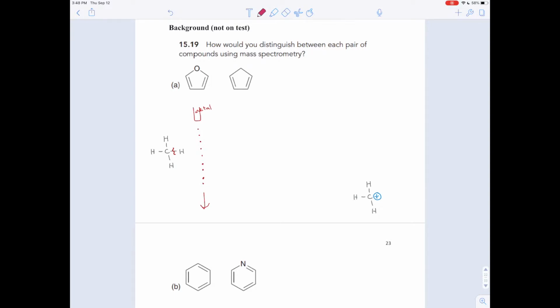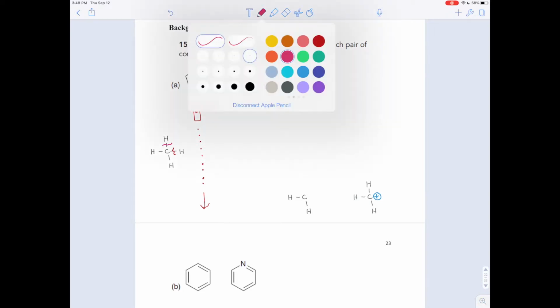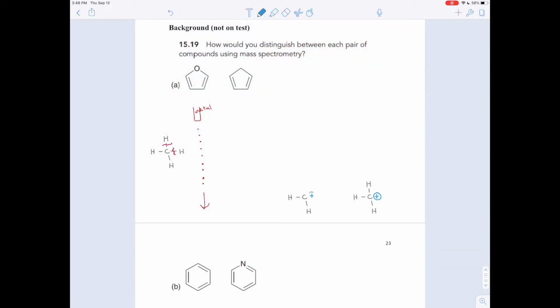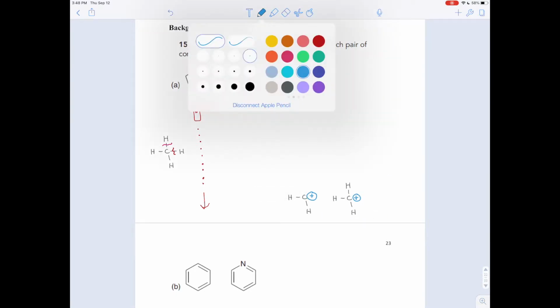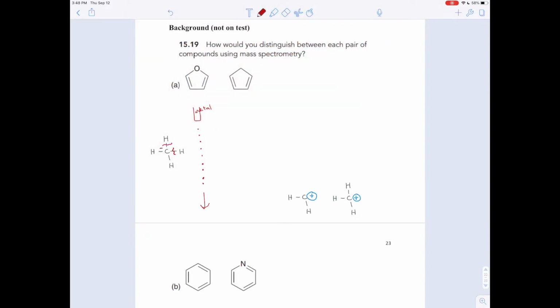A molecule could be pretty unlucky and 2 bonds would break. And in that case, 2 hydrogens would fly off, and you'd be left with a positive charge. That's another possible way that this could fragment. Another molecule of the trillions that pass through could be really unlucky. 3 bonds break, and so you're just left with 3 hydrogens popping off, and it would have a positive charge.